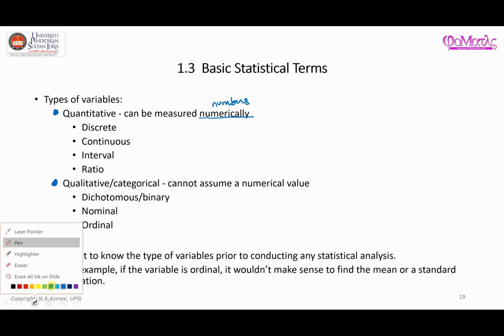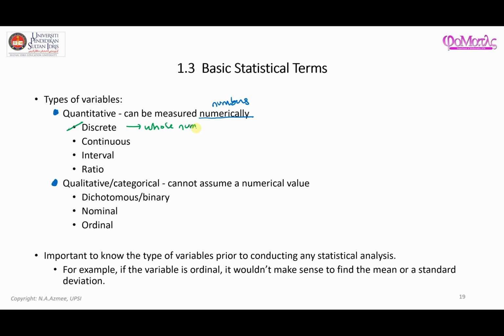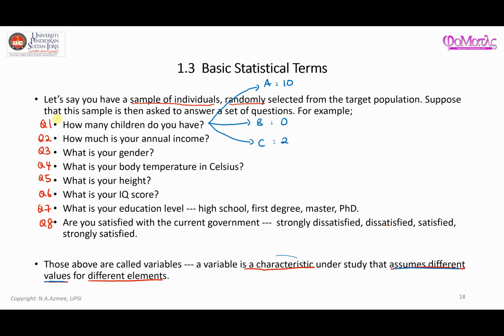The first one is the discrete variable, which can assume only whole numbers such as 0, 1, or 2, and so on. As an example, this is a discrete variable because obviously you cannot have 3.5 children or 7.1 children. The answer to this question is going to be a whole number. So this is an example of a discrete variable.